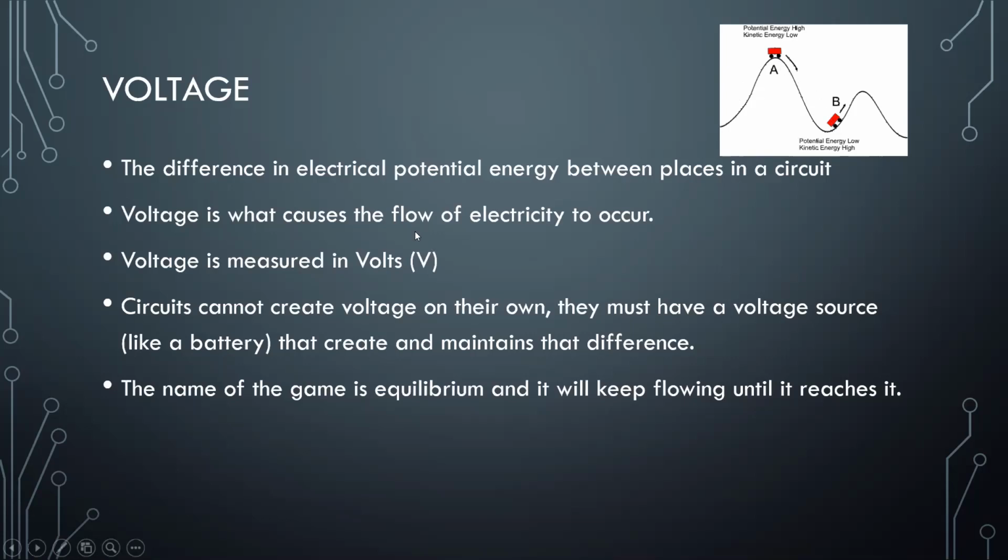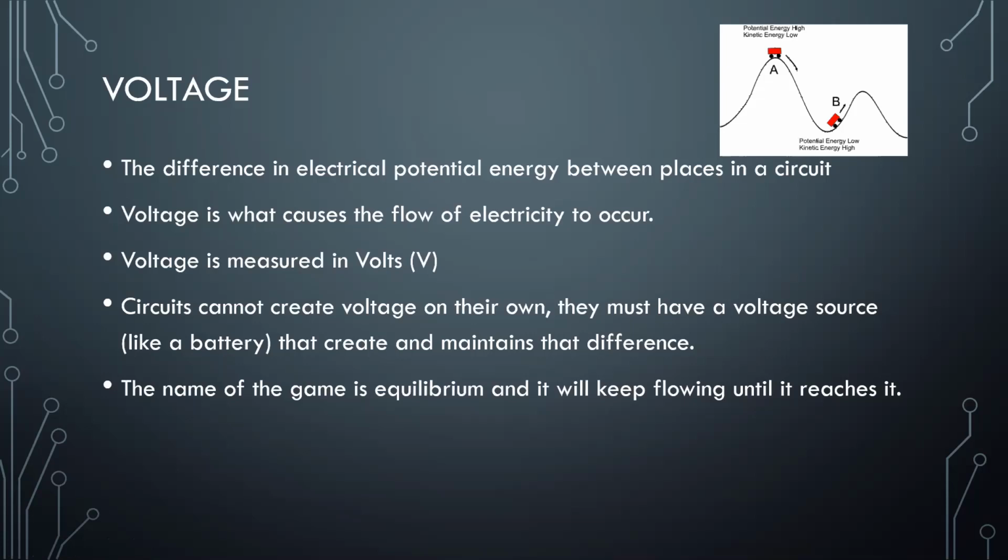So voltage is what causes the flow of electricity to occur. As with so many things in science, equilibrium is what is desired. Electrical charges want an equal charge everywhere in the circuit.